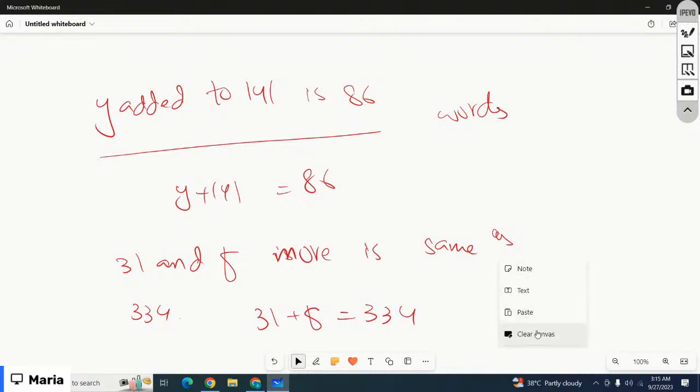Okay, the other example is 279 is the same as 33 divided by u. How do you write the equation?